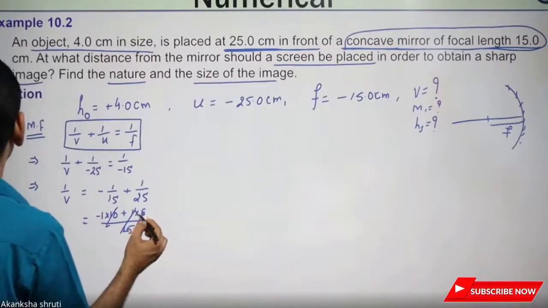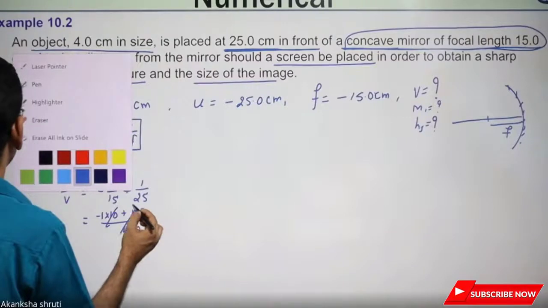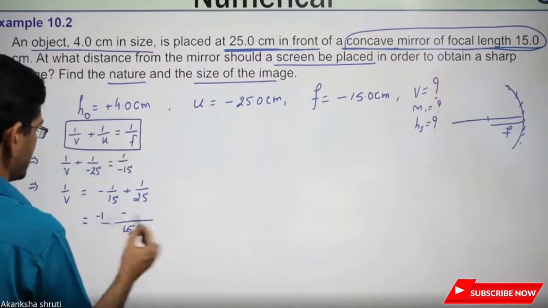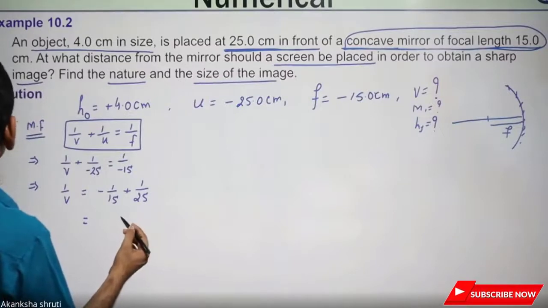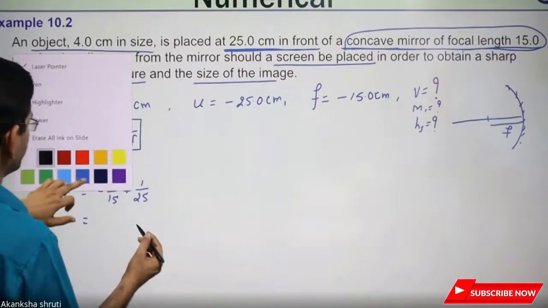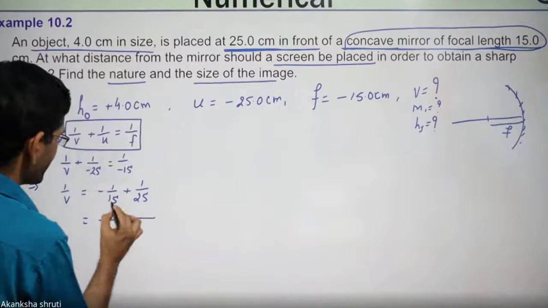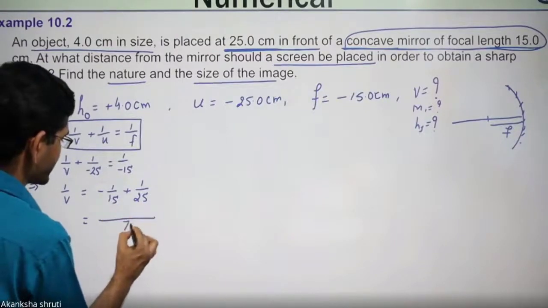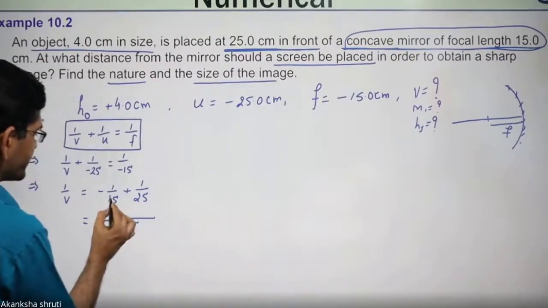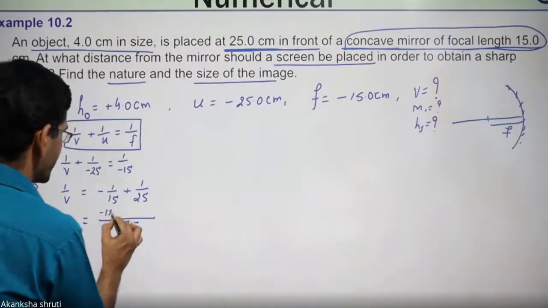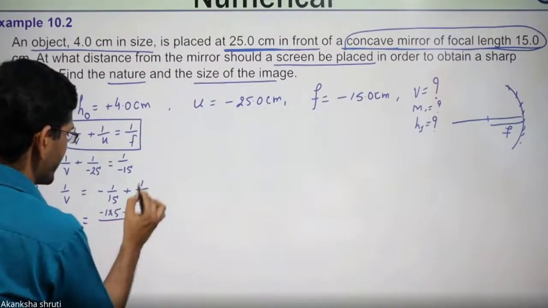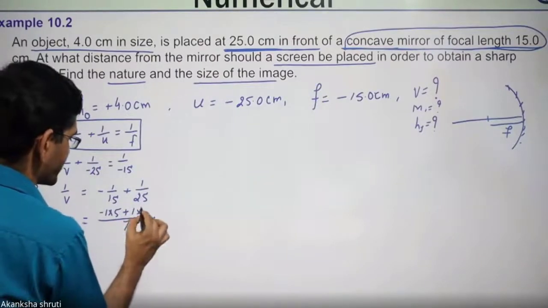Students, by taking the LCM we can also do it. Take the LCM of 15 and 25, which is 75. This 15 will go 5 times, so minus of 1 into 5, plus this 25 will go 3 times.